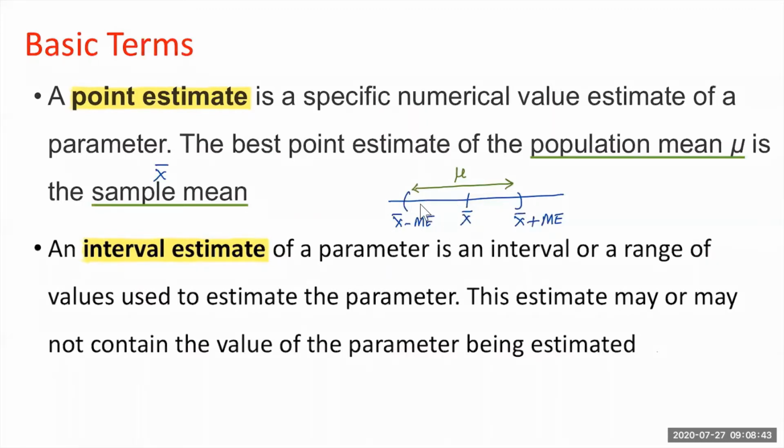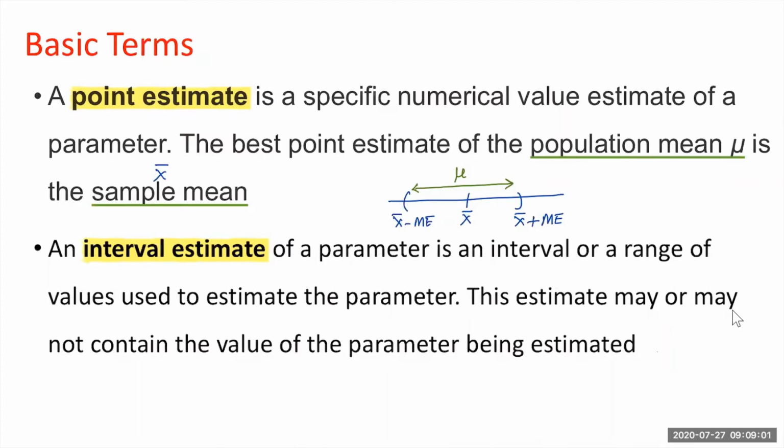It lies in this interval. So this interval or this range of values is called the interval estimate. An interval estimate of a parameter is an interval or range of values used to estimate the parameter. This is your interval estimate.